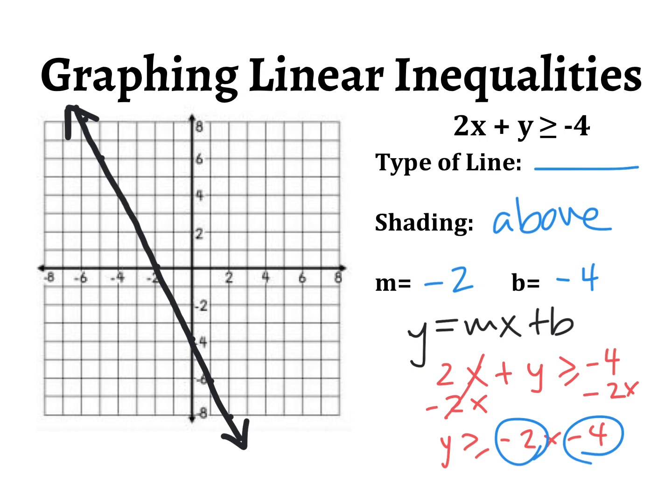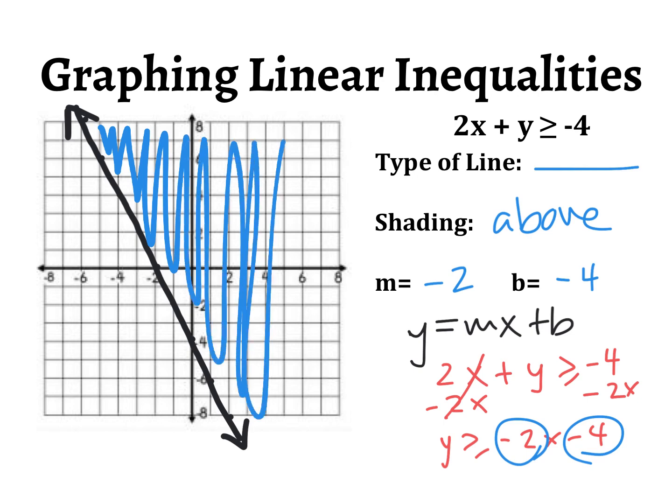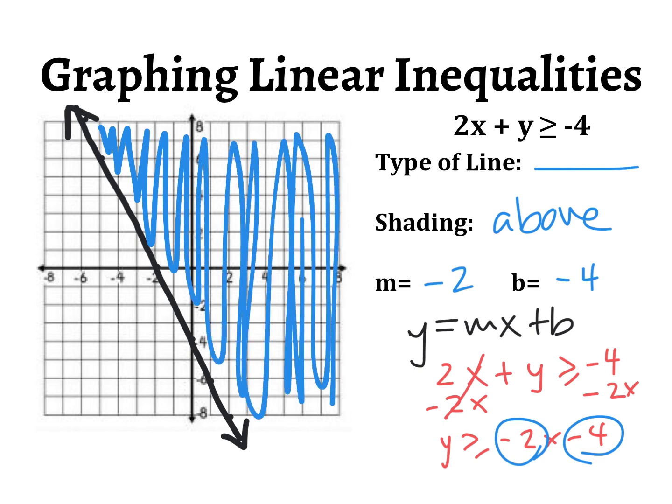So anything above the line will be part of our solution. Anything in the blue section that you see here will be considered part of the solution. And in a little bit, I'll explain more of what that means, algebraically and graphically.